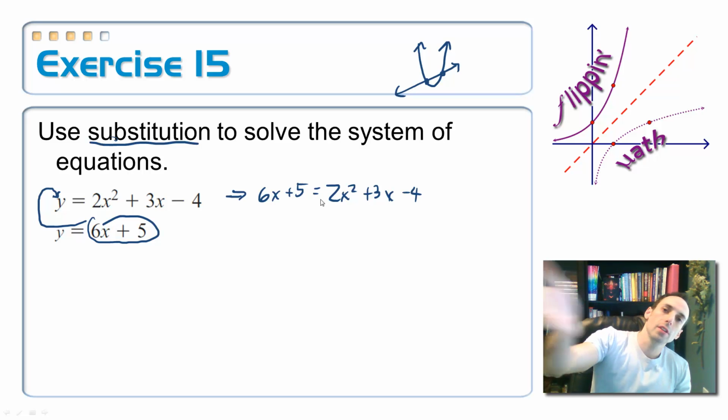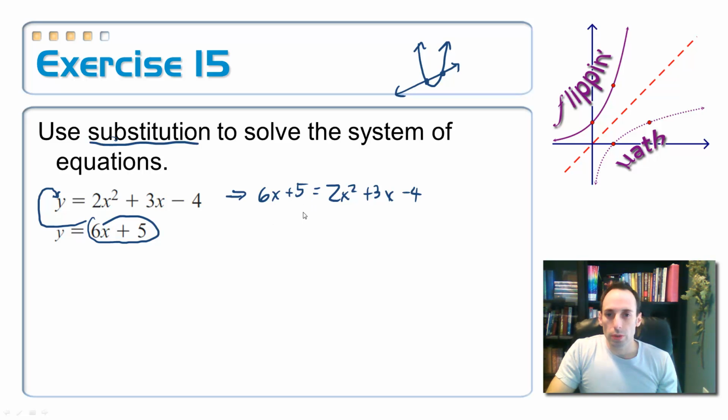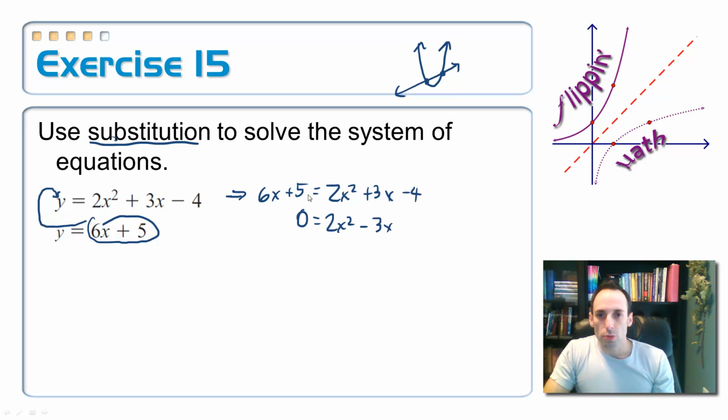Now let's get everything over here on the right-hand side so we can apply the zero product property. 2x squared. I would subtract the 6 over from the 3. I'd have negative 3x. Subtract the 5 over with the negative 4. I'd have negative 9.